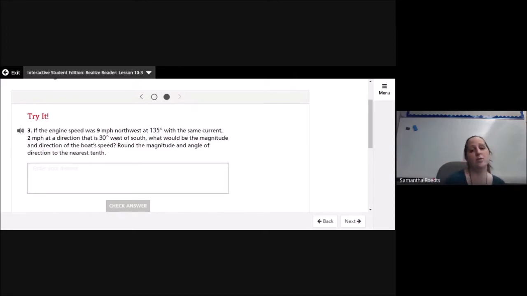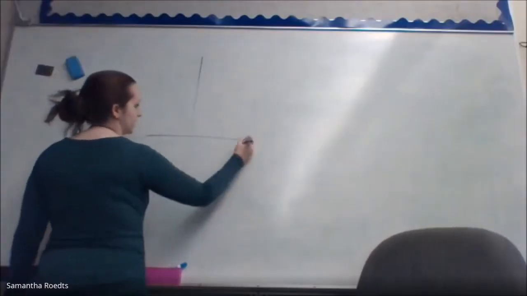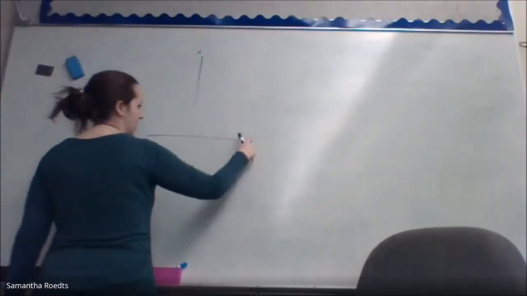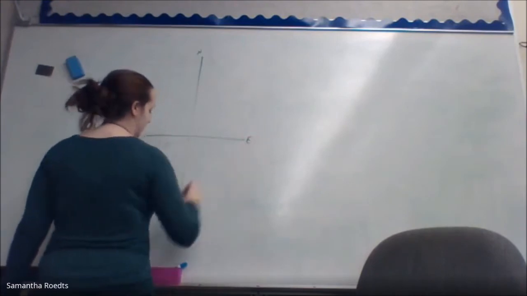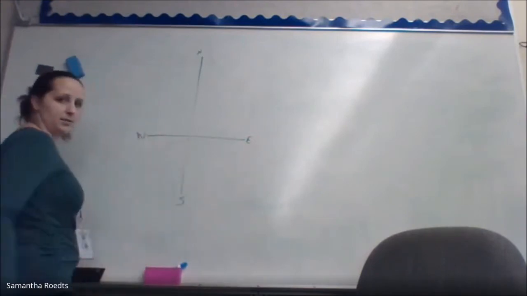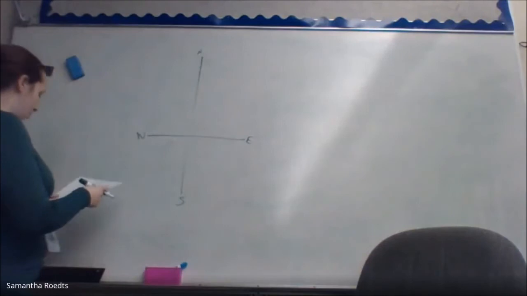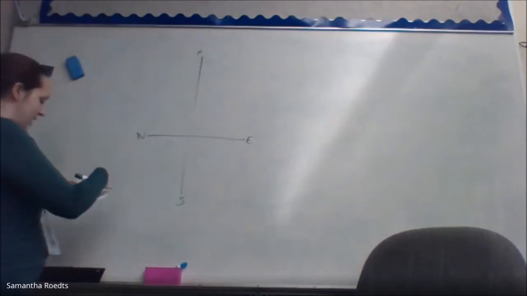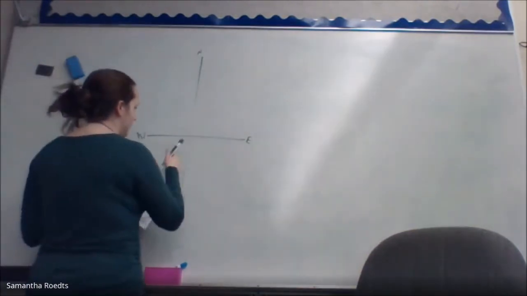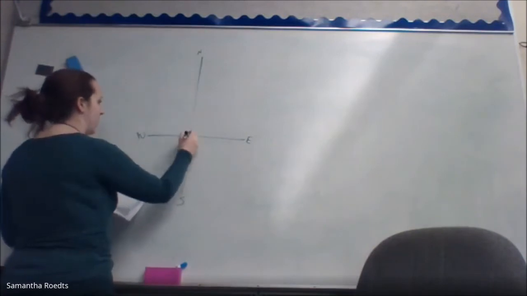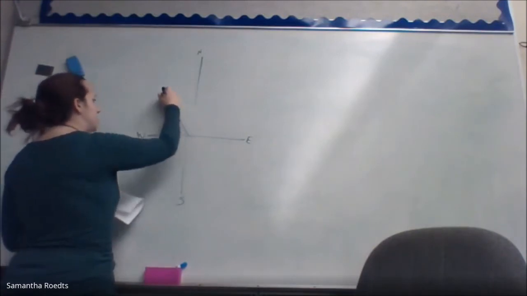So what we can do is we're going to go ahead and draw this so you can see it. Here's my compass. So this is north, east, south, west. Okay. So it told me that I was going 9 miles per hour northwest. So here's northwest. I'm going this way. Here's my vector.